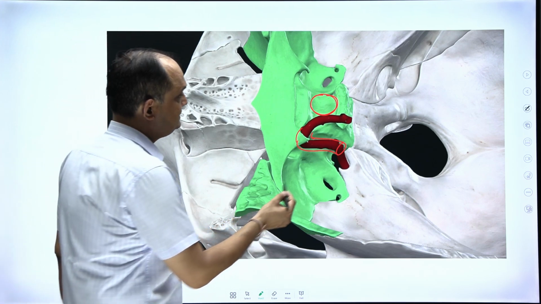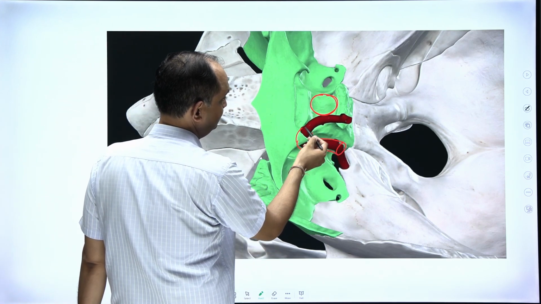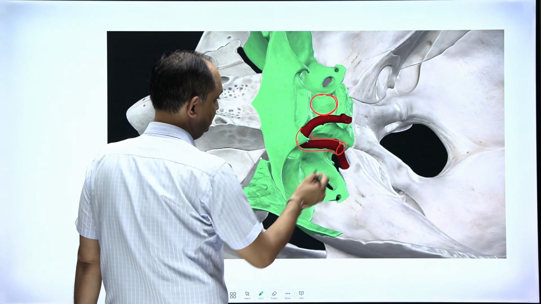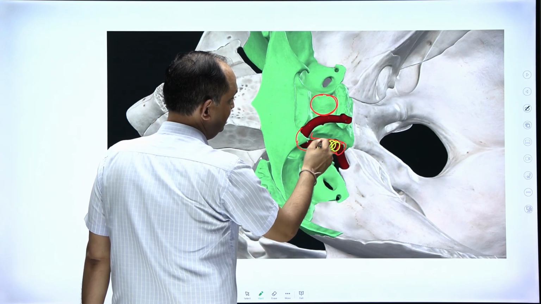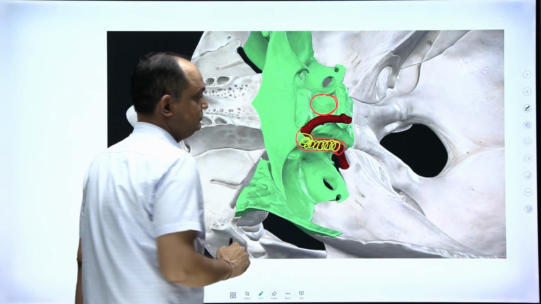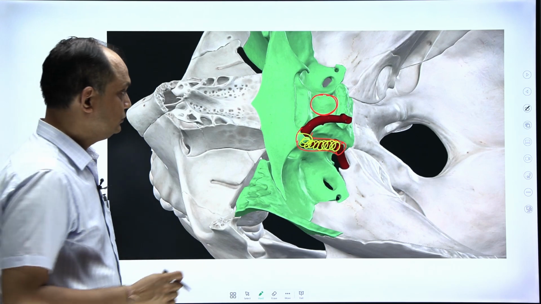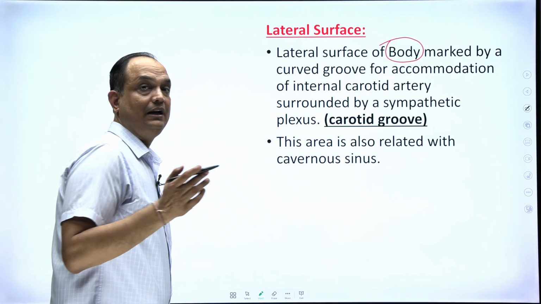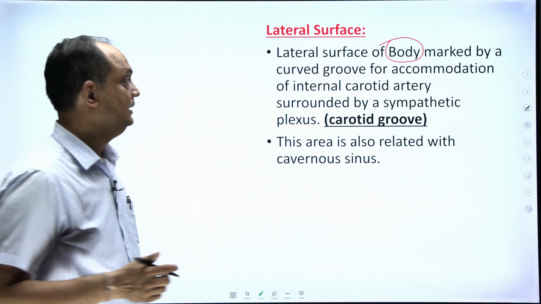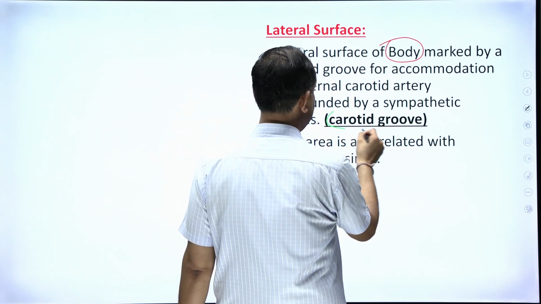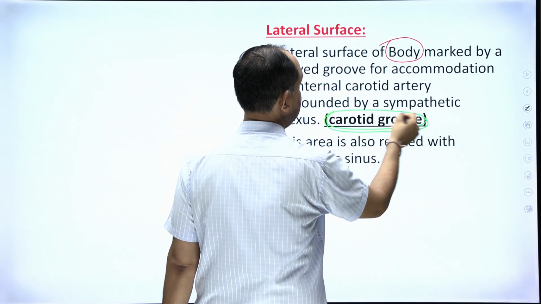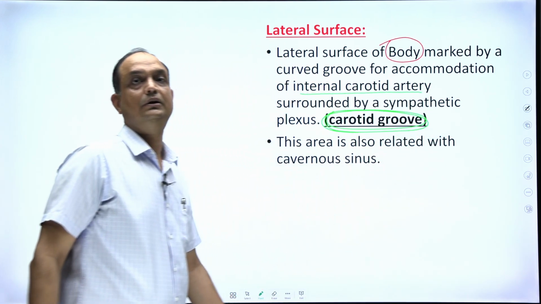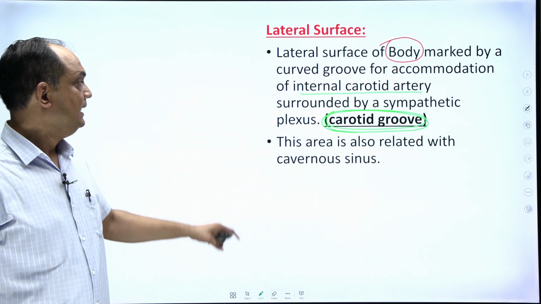Here you can see the turn of the internal carotid, and keep in mind that the internal carotid is covered by the sympathetic plexus, known as the carotid plexus. So the lateral part of the body is lined by the carotid grooves, which accommodate the internal carotid artery surrounded by the sympathetic plexus.